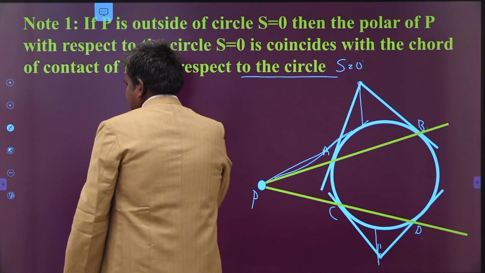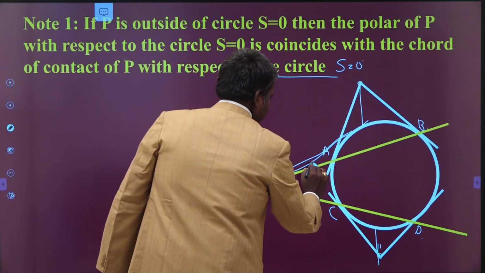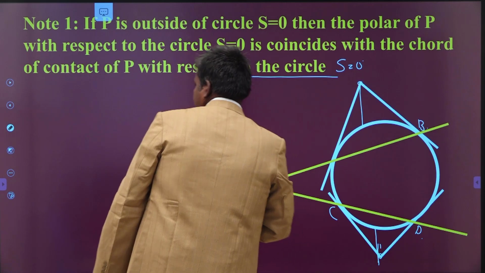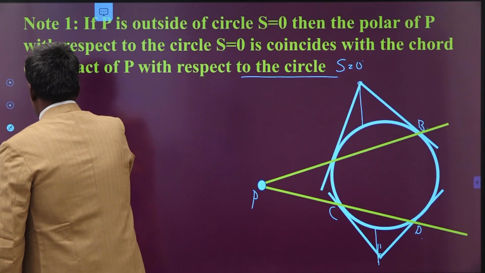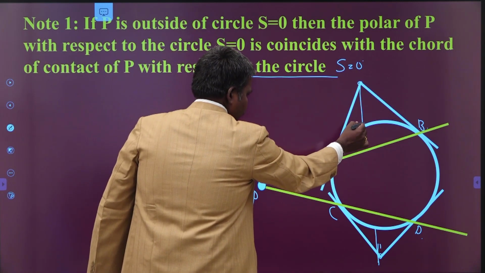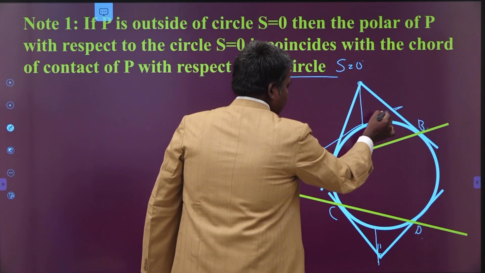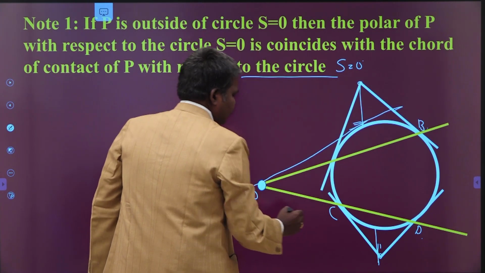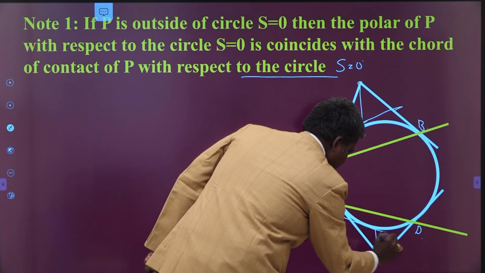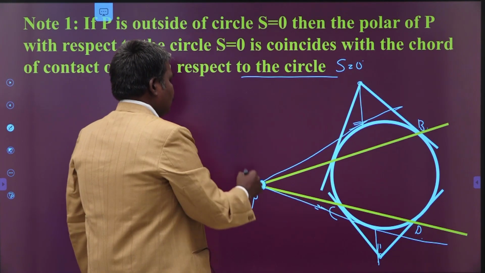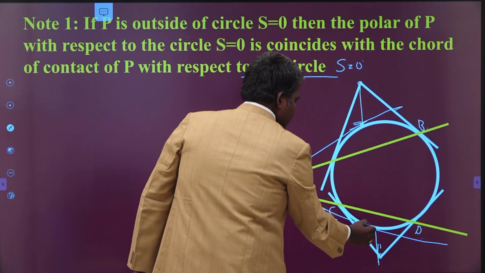This is the tangent to the circle through this point. I am going to draw another tangent. Okay, these are the two tangents drawn from P to the circle, touching the circle at these points.